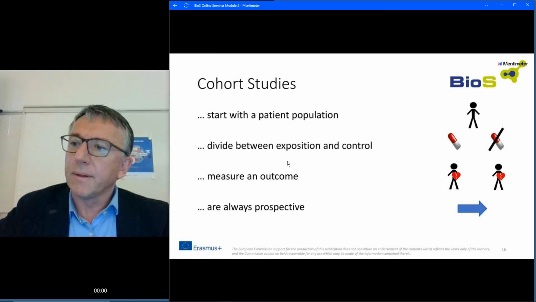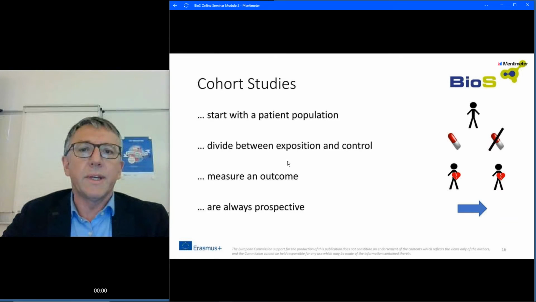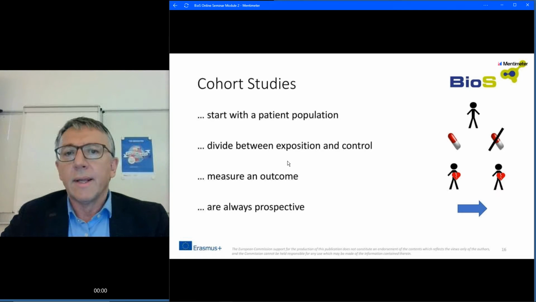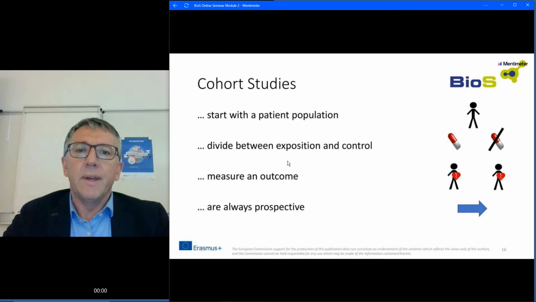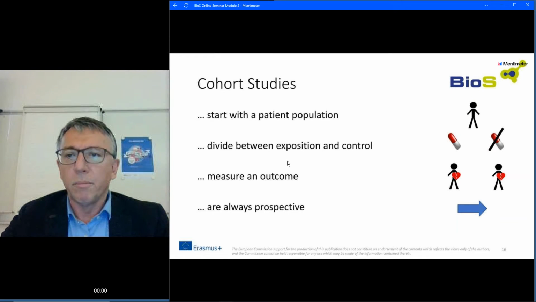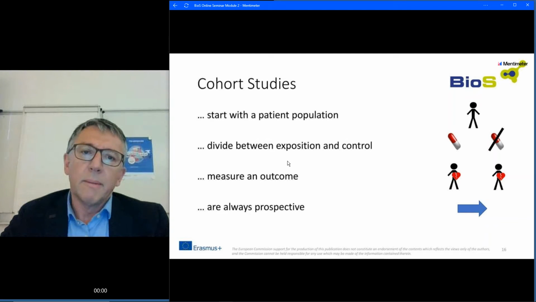Cohort studies, in contrast to the case control studies, are prospective in time. So they go forward the timeline. They always start with a patient population. So you identify a patient population and you divide the population between exposition or treatment and control.